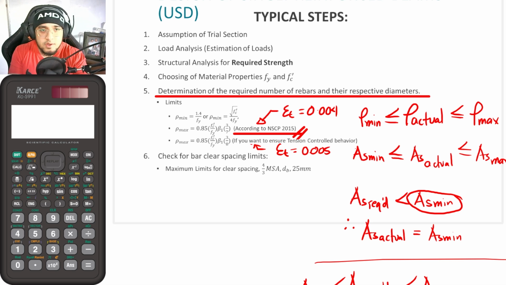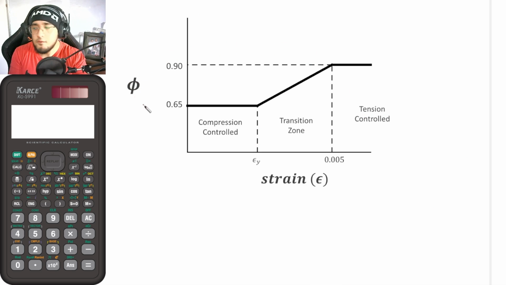Going to this graph which we have been seeing a couple of times now, according to NSCP, suppose that this red line here is our limit for a strain of 0.004. Let me just redraw that. Suppose that this is the line for 0.004.